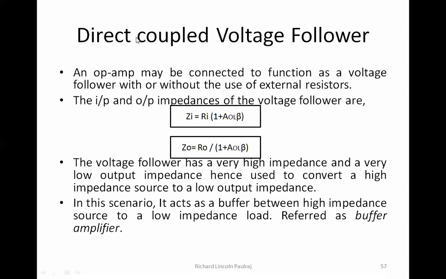The first thing that we'll be looking into is the direct coupled voltage follower. Now we all know the term voltage follower and what it means. What is a voltage follower? The output follows the input. Whatever input is given, the same thing comes across the output.